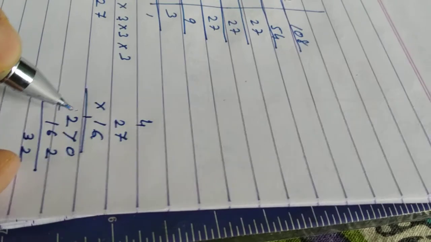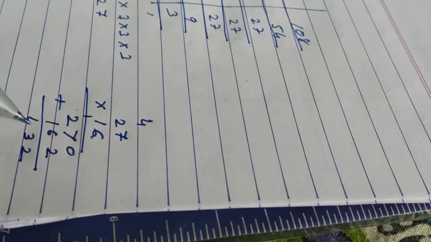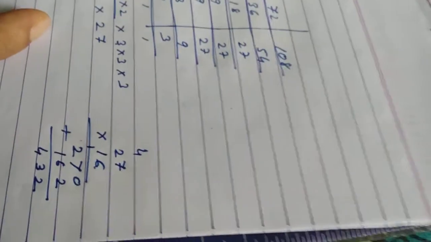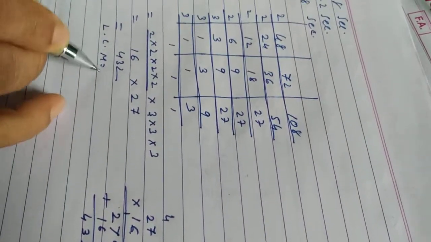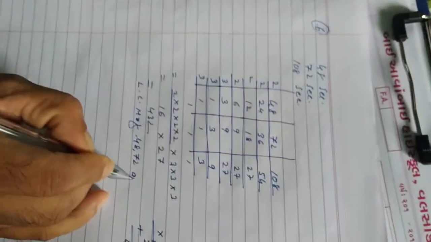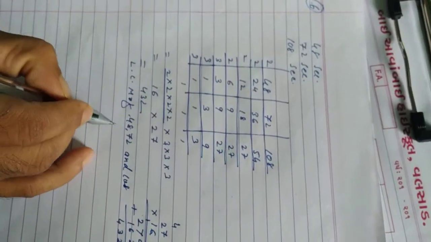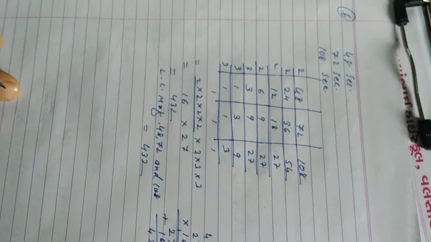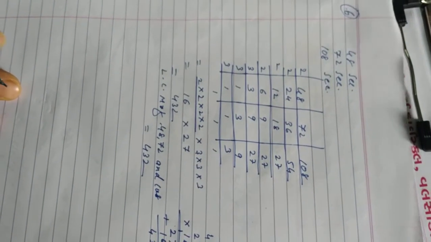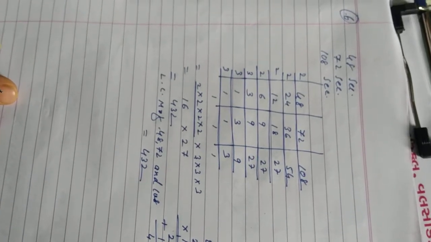So we get 432. So we can say the LCM of 48, 72 and 108 is equal to 432, right?